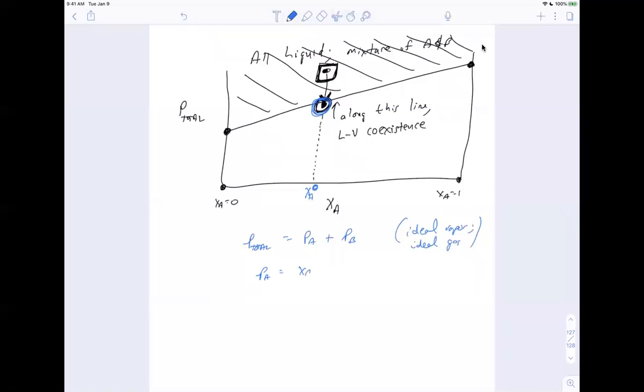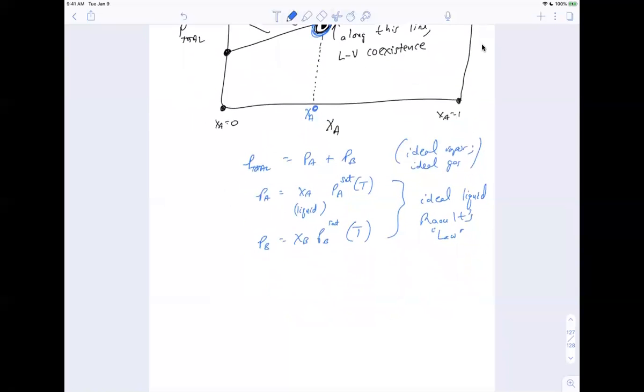PA is equal to the mole fraction of A in the liquid, remember, this is the liquid, times the vapor pressure of A, which I call the saturation pressure at the temperature of interest because we've specified temperature. Again, we have an analogous relation for B. And so these represent ideal liquid via Raoult's law. Any questions?